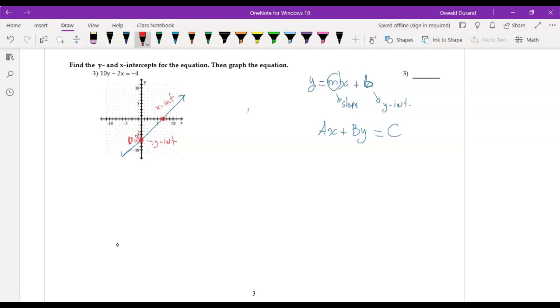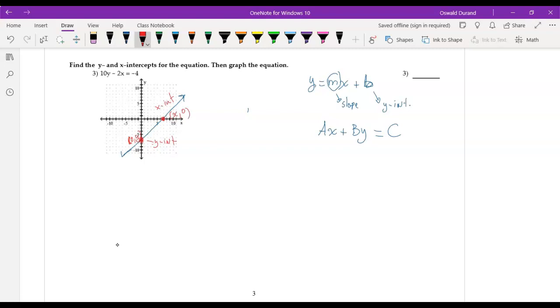So any point on the y-axis has 0 for the x-coordinate. For the x-intercept, it will be some value for x, and the value of y will always be 0.